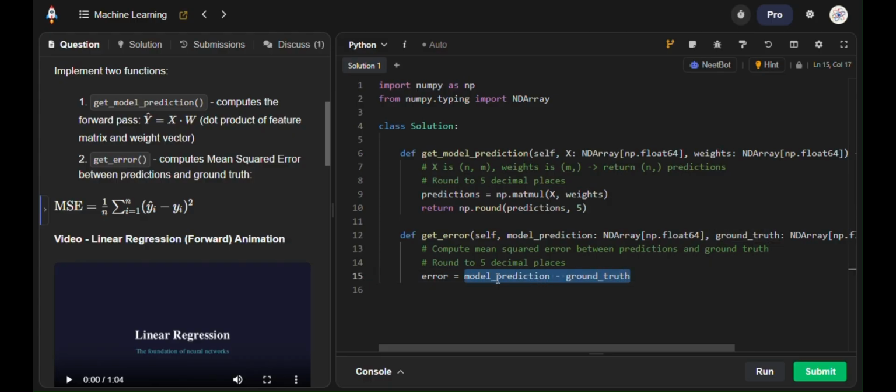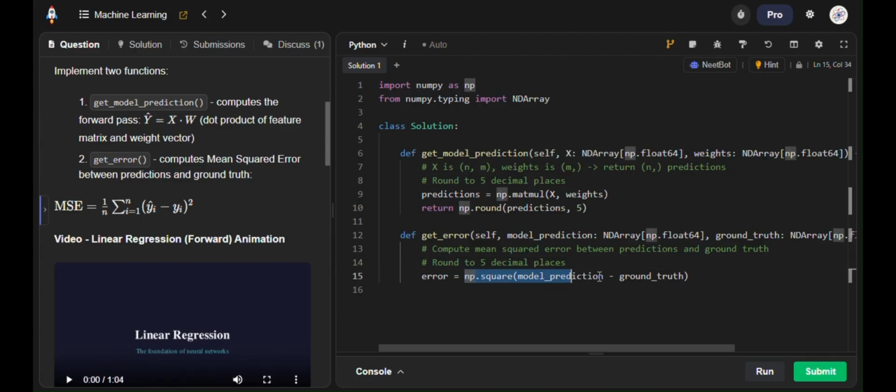So let's select this part, and here np.square. And then the summation over the number of terms is nothing but the mean of what's inside the summation part.